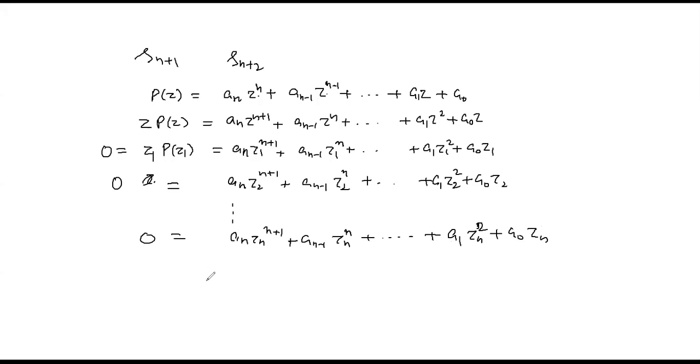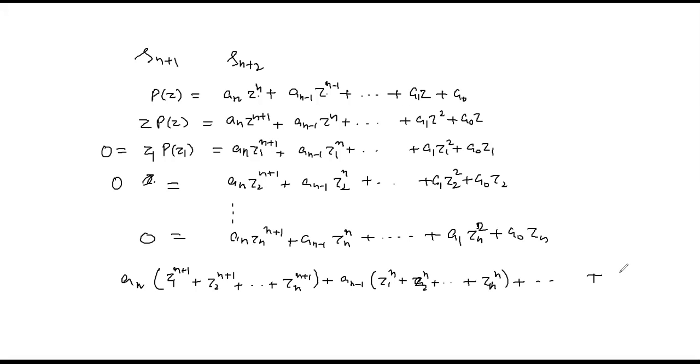Now then you just add them. So you will basically get an into sigma, Sn plus 1, basically z1 raised to power n plus 1 plus z2 raised to power n plus 1 plus so on and so forth plus zn raised to power n plus 1, plus similarly an minus 1 into z1 raised to power n plus of course z2 raised to power n, whatever it is, so it would be zn raised to power n plus so on and so forth.